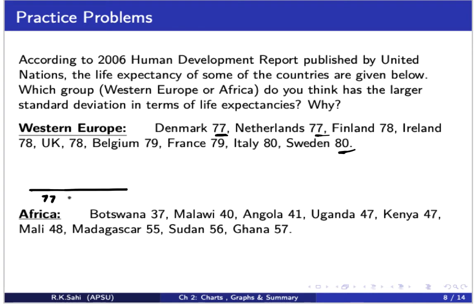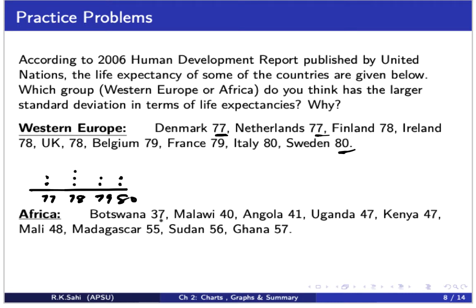I have 2 77s, 3 78s, 2 79s, and 2 80s. Notice they are so close to each other. And so clearly the standard deviation is definitely going to be very small because there is not much variation in the data set. On the other hand, let's look at Africa.